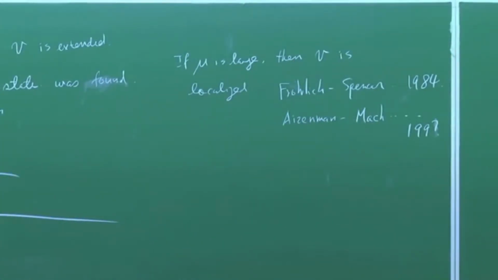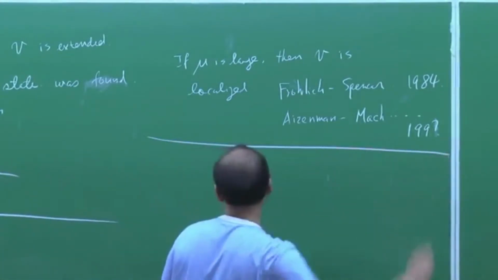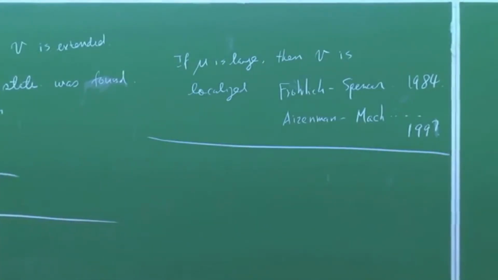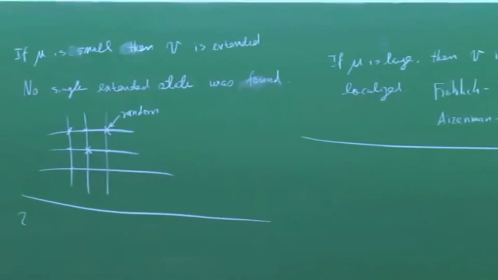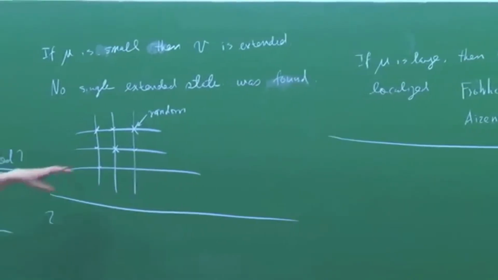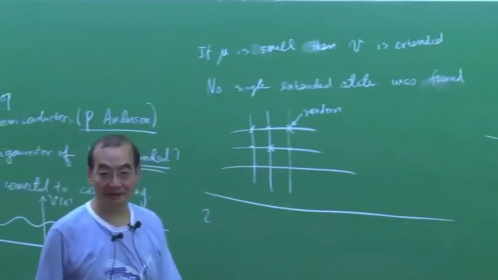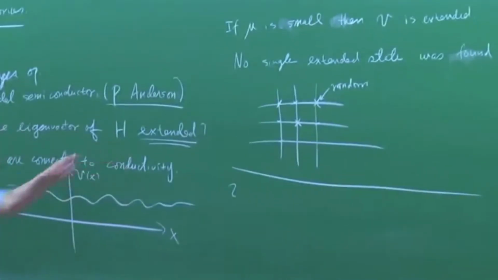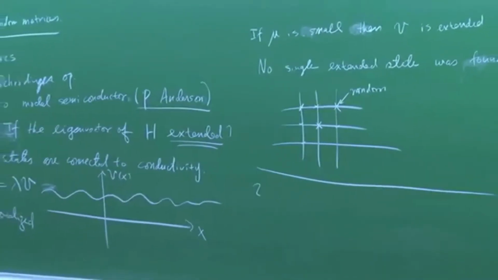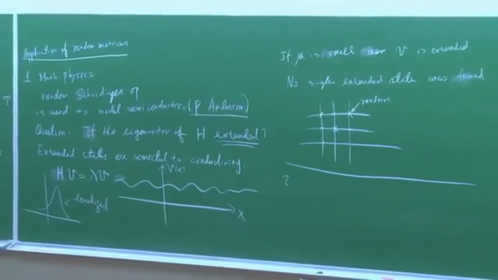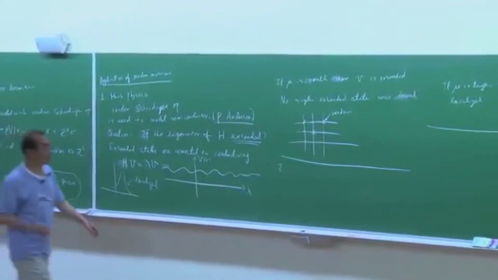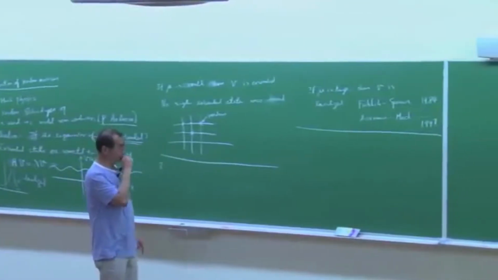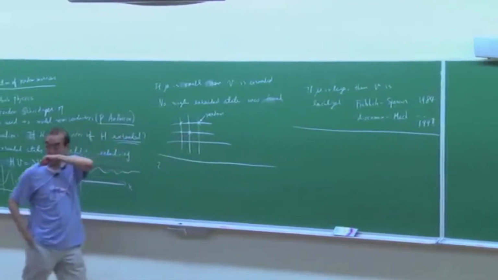So localized is much easier, but extended is much, much harder. Actually, Bourgain spent lots of time working on this problem and didn't make serious progress. The type of random variable is not important. You can take Gaussian, or you can take Bernoulli. Bernoulli is the hardest one.